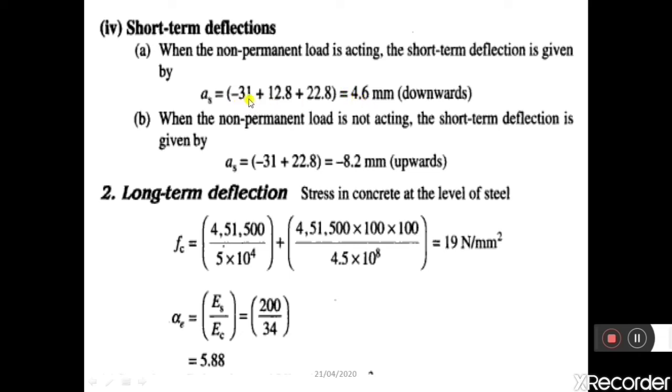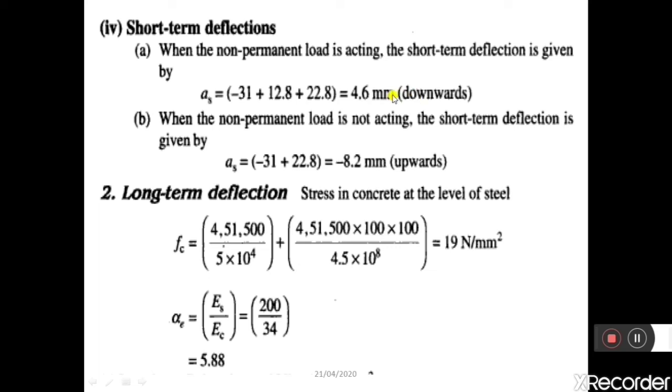So minus 31 is the deflection due to pre-stressed cable, plus 12.8 is the deflection due to live load. Then 22.8 mm is the deflection due to self weight of a member. Therefore total deflection is equal to 4.6 mm.